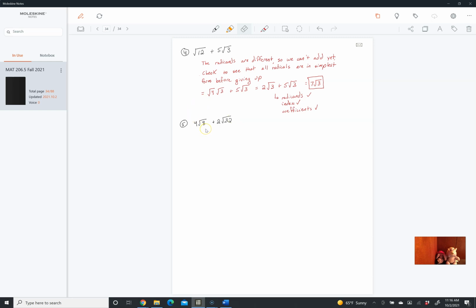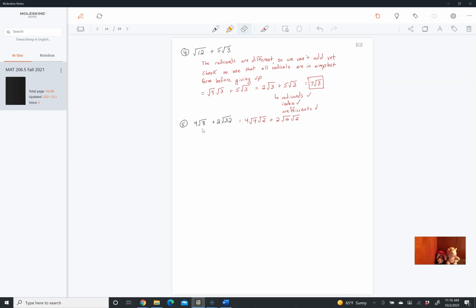Okay, so square root of 8 can be broken up. We do have a perfect square that's a factor. So this is going to become 4 root 2, and then plus 2 root 16 root 2, because 32 is 16 times 2.